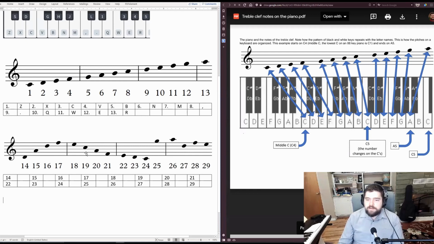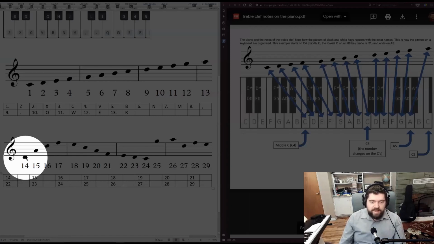That can be handy. But it's not really in any specific order. We just need to be able to hit the right key on the piano for these. So number 14. Okay, so I'm looking at the note below the staff.